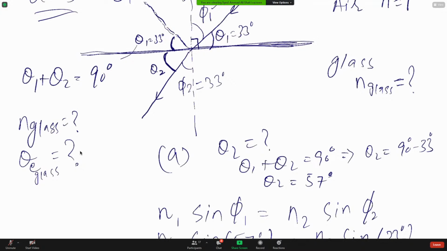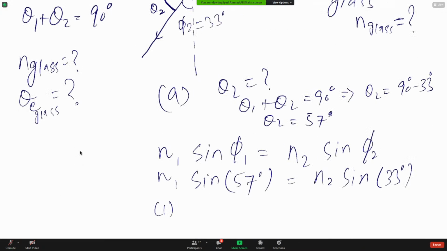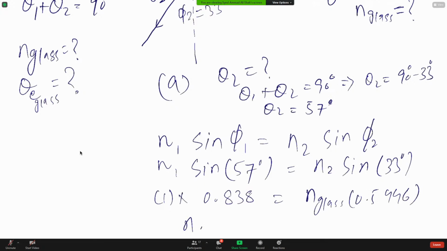So N1 is 1, into, I think it's 0.838. And this is your N2, which is your N glass, and this is 0.5446. So your N glass is 1.54.